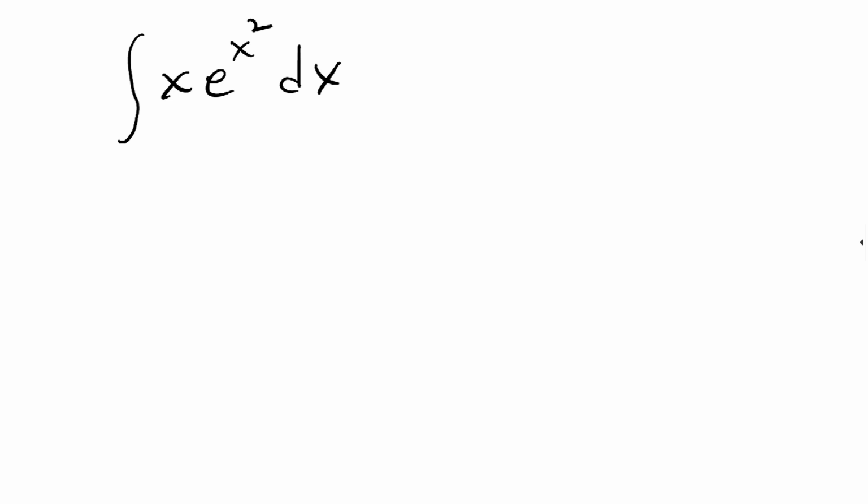Whenever you have U-sub problems, think about, what are the similarities between certain functions? What can I see? You might notice we have an x squared in the exponent and x. Those are pretty closely related. So in this case, we're just going to keep going.